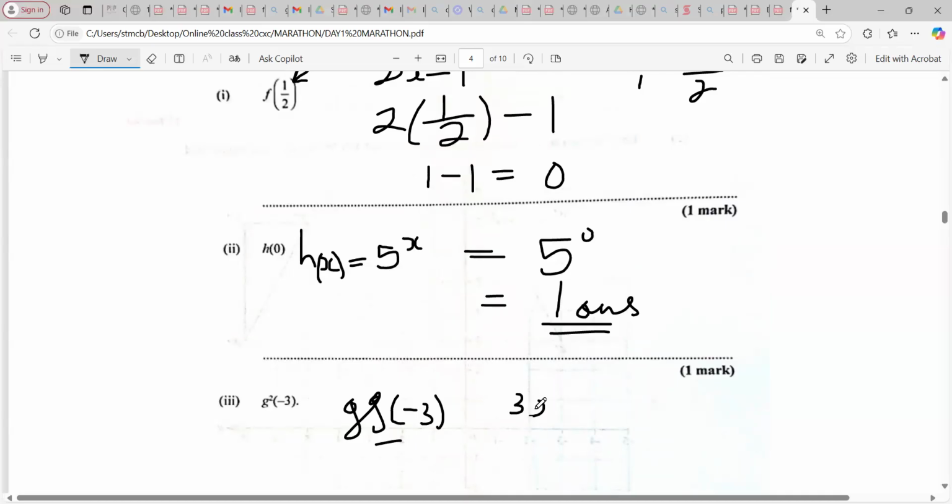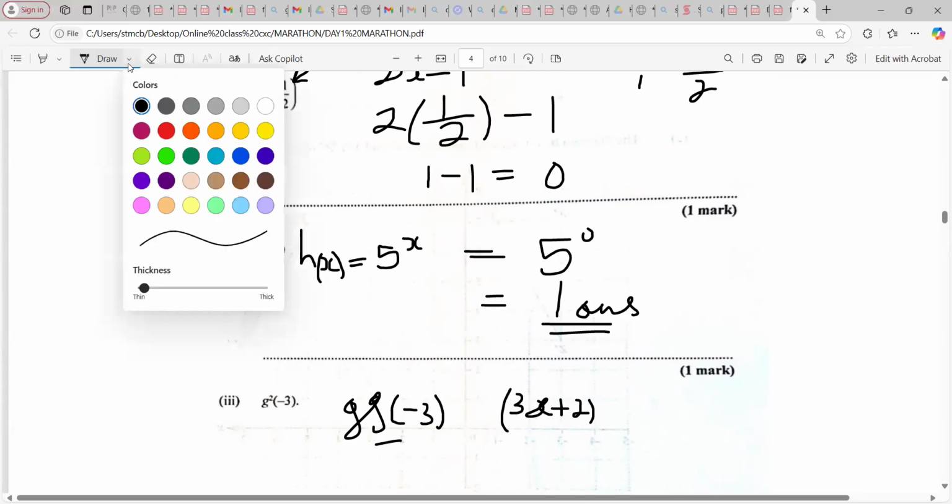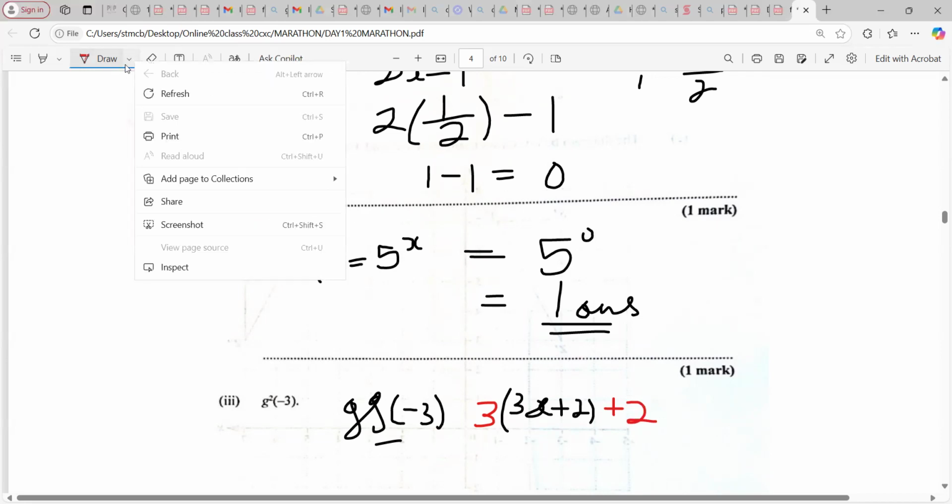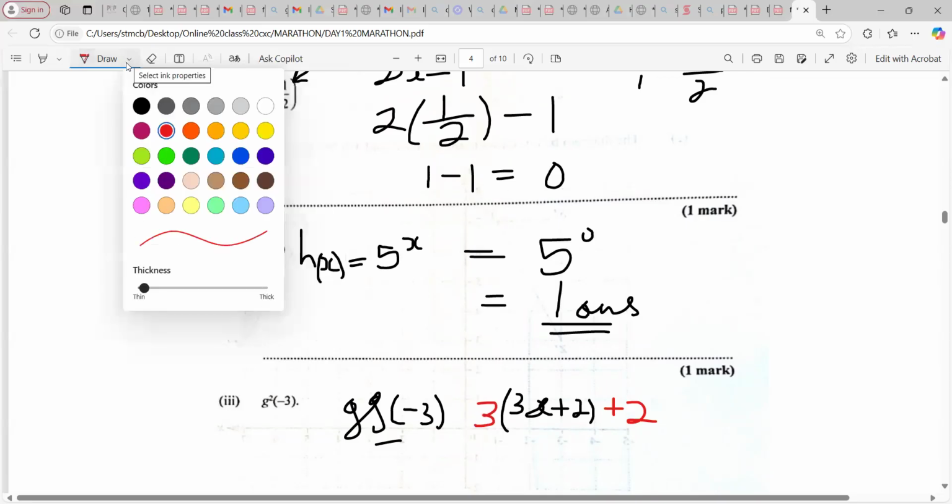So it's going to be 3x plus 2 in the bracket, which is the last g. And then we put the other g in the function. So we're now going to put 3 times x plus 2, because what we want to do is combine the two functions, which is the same function.